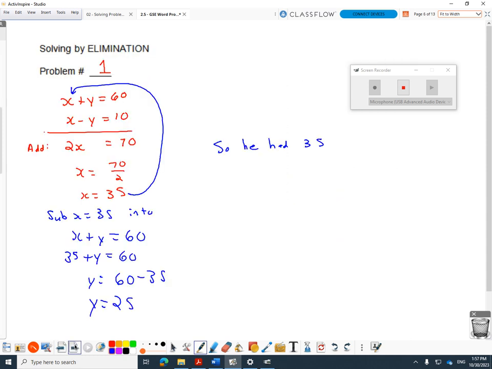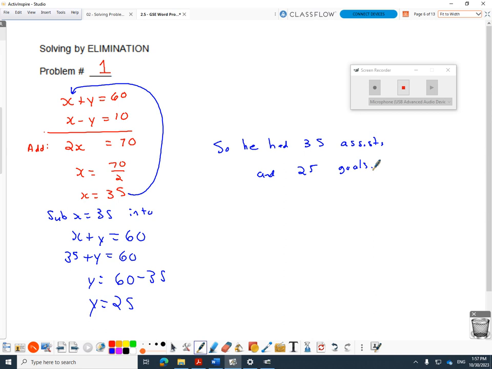So he had 35 assists and 25 goals. Listen, I'm not saying you can't write point of intersection. You can. It's just that this more relates to the question that was asked. Like we're right on top of being able to do real life math now in the real world.